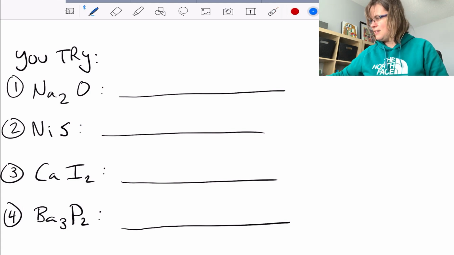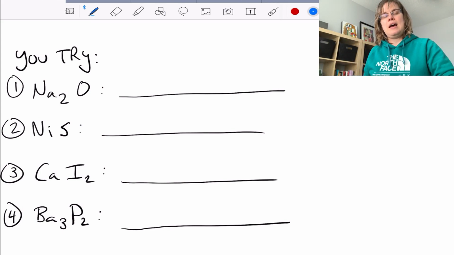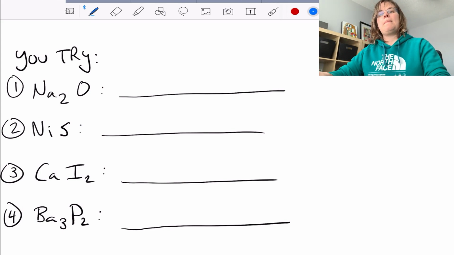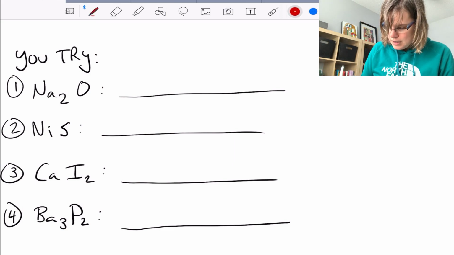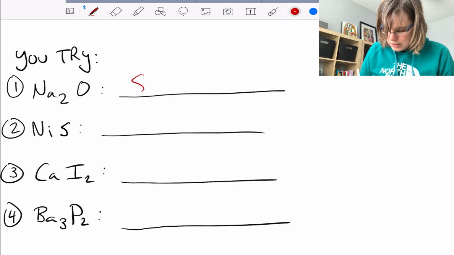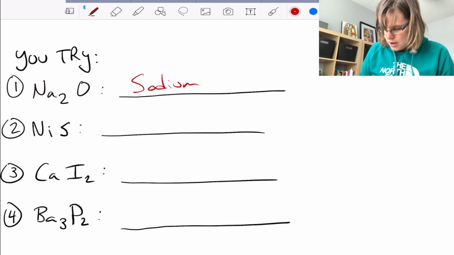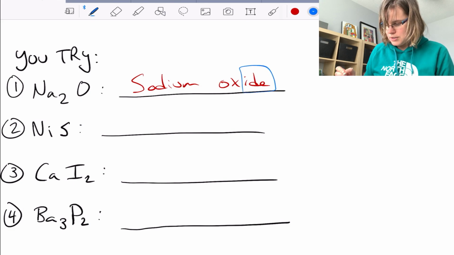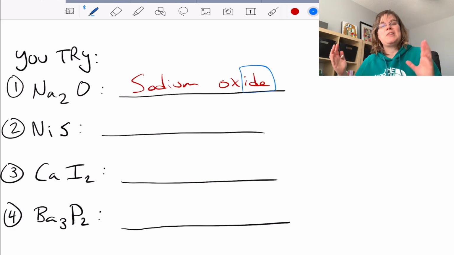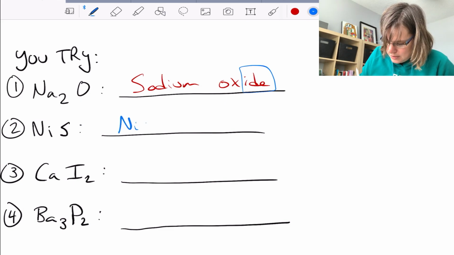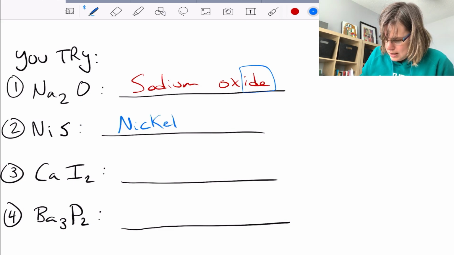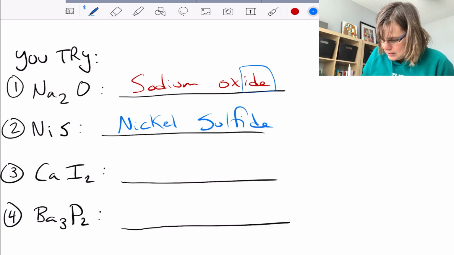All right. So I'm going to go ahead and now answer these questions by looking at my periodic table and figuring out what it's called. So the first one here is actually called sodium oxide. And we need to remember that we changed the oxygen to the IDE. So that's kind of weird, but it's true. This one is nickel sulfide.